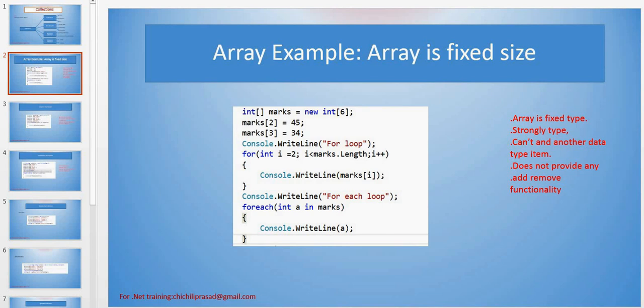You cannot assign a string to this array, it has to be integer only. You can retrieve the data from the array using an index, and it does not provide any add or remove functionality since it is not a dynamic one.